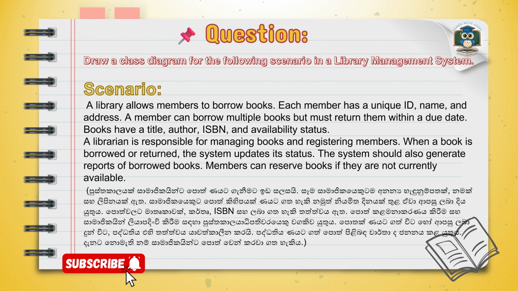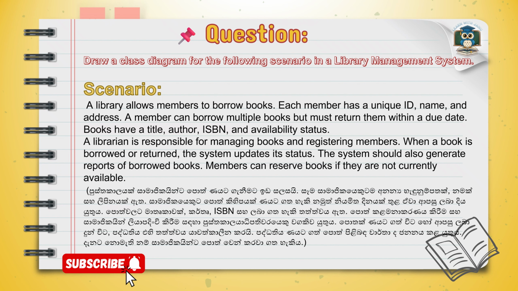Now I'm going to tell about the scenario. A library allows members to borrow books. Each member has a unique ID, name and address. A member can borrow multiple books but must return them within a due date. Books have a title, author, ISBN number and availability status.